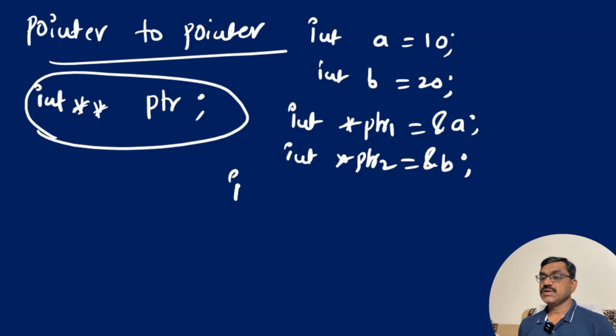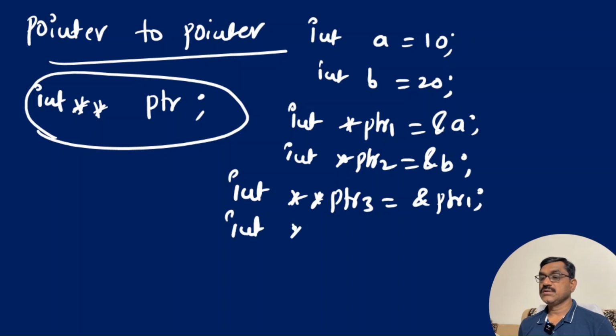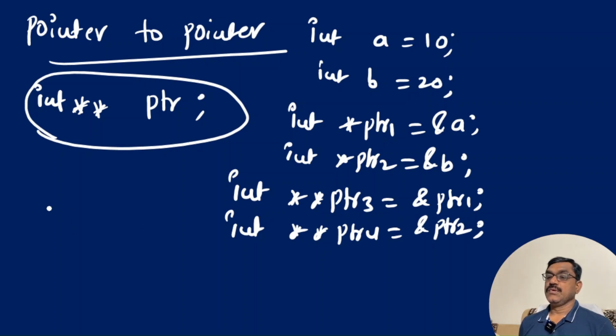And next we use another variable, integer star star ptr3 equals ampersand of ptr1. Next, another pointer to pointer, star star ptr4 equals ampersand of ptr2. Right? How to represent this?